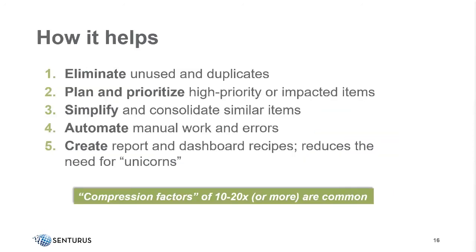So how it works is it really helps with that upfront process whereby you can eliminate unused and duplicate or broken items, identify those. You can plan and prioritize your higher priority or impacted items to do those first. Simplify and consolidate similar items.